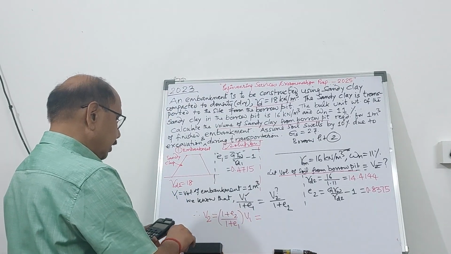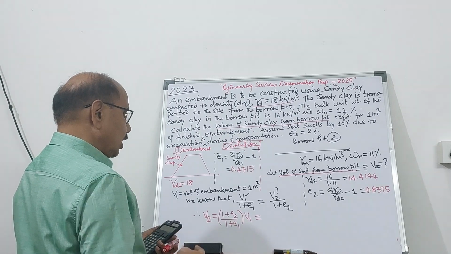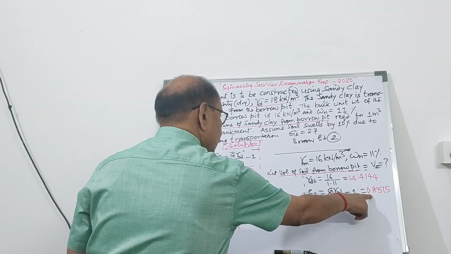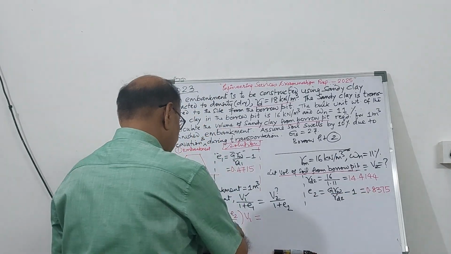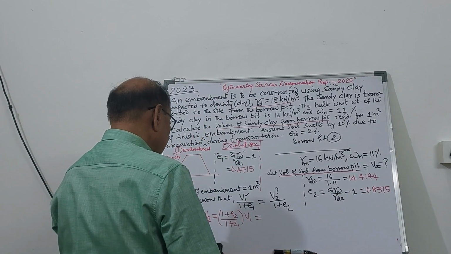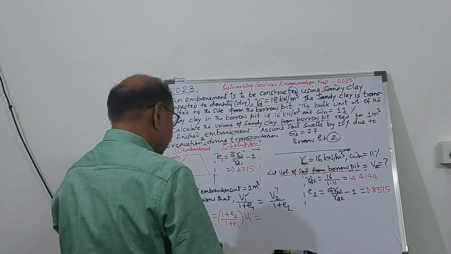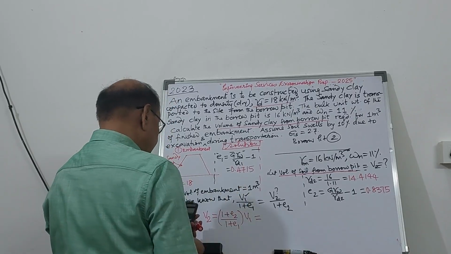So let us calculate this: 1 plus E2 divided by 1 plus E1.